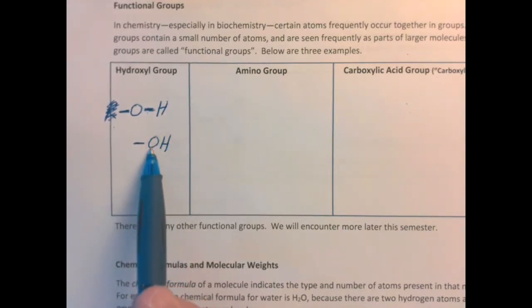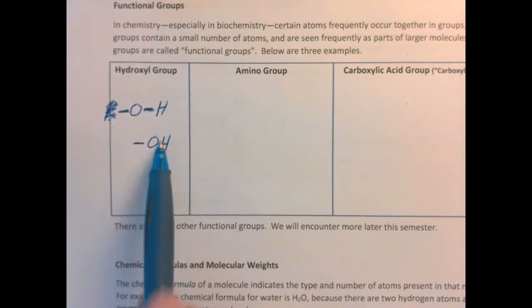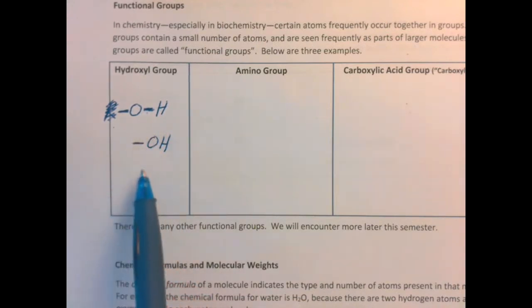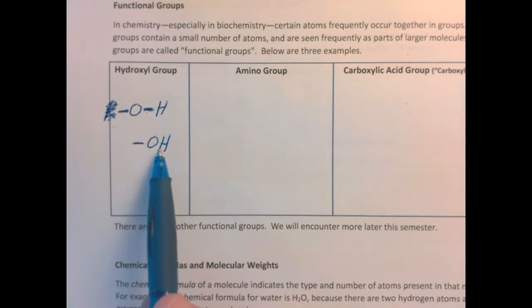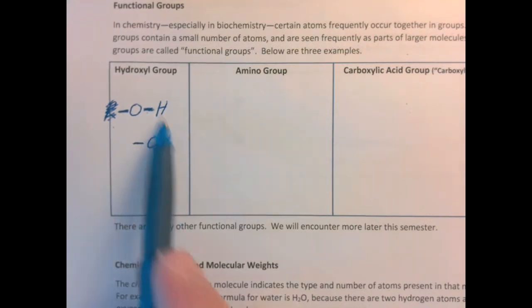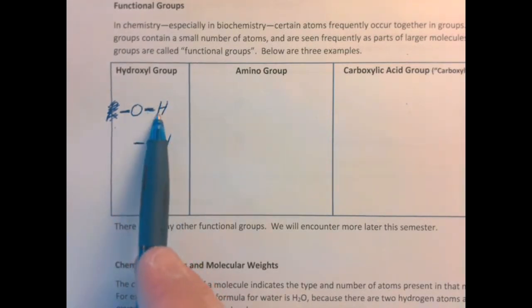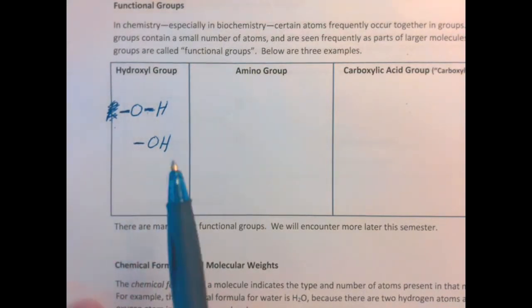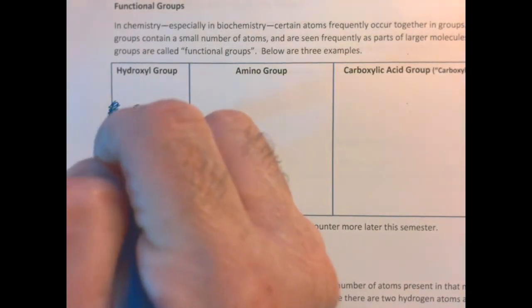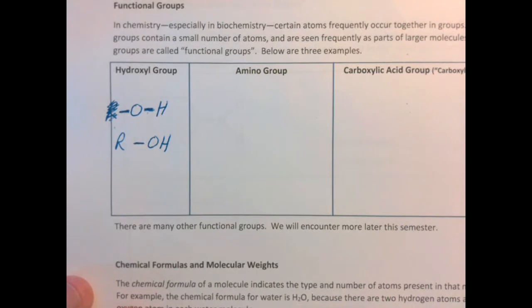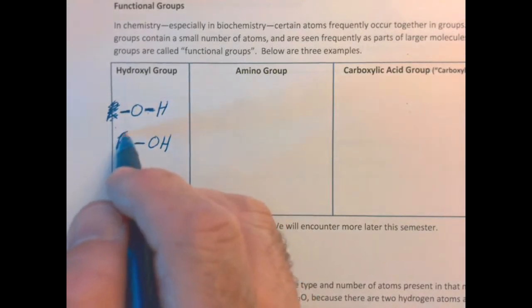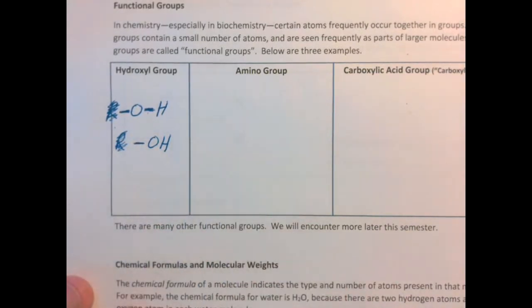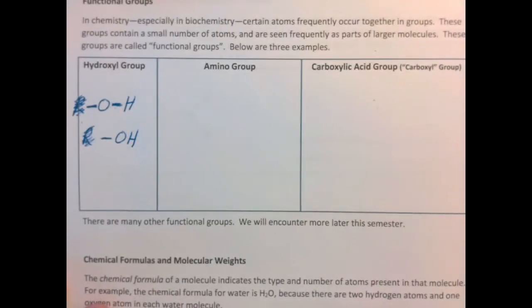Just draw the OH, and everybody knows that that's there. You're just not drawing it. And as you draw these organic molecules, you'll find there's a lot of hydroxyl groups that appear, and it just saves you the time, and it's less messy to draw it this way than that way. So that's correct. They're equally correct. Again, if you want to put the R there, that's an option as well. You don't have to. So any of those 4 ways that I showed you are ways to draw a hydroxyl group.